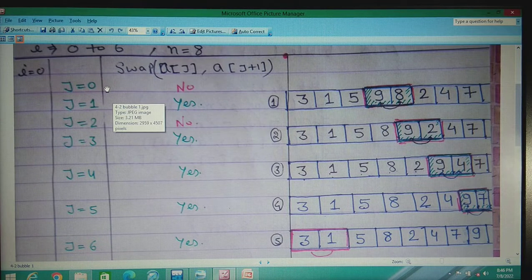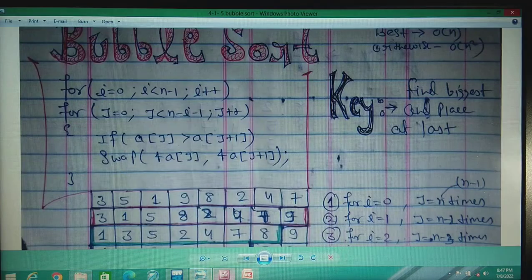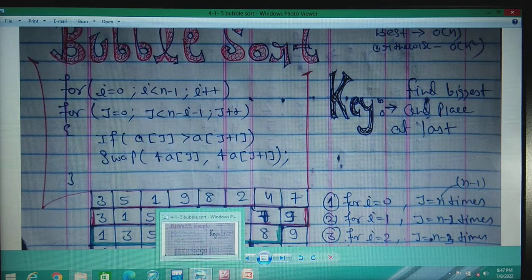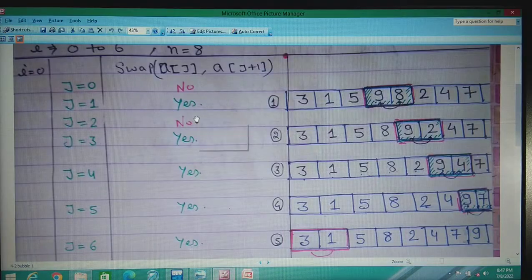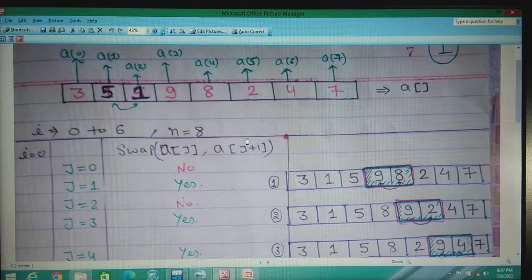For j equal to 0, we are swapping aj and aj plus 1 if aj is greater than aj plus 1. j means 0, j plus 1 means 1. Is A0 greater than A1? No, 3 is not greater than 5.